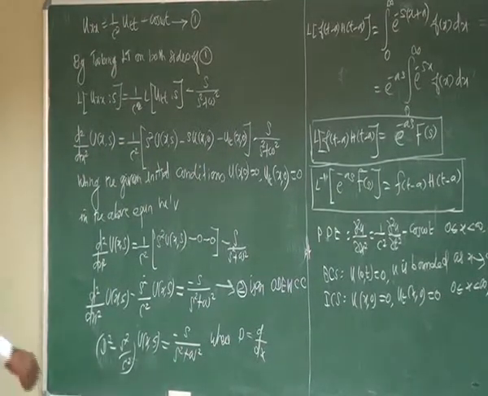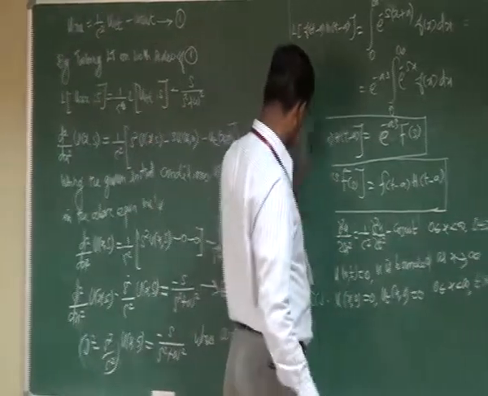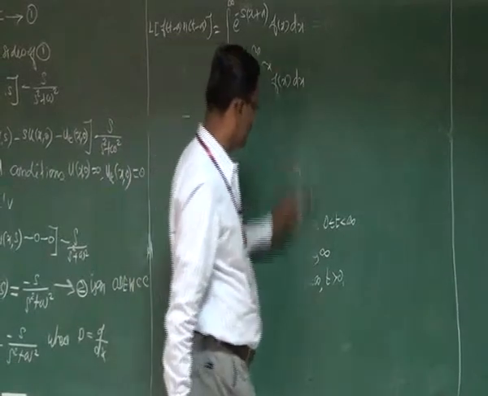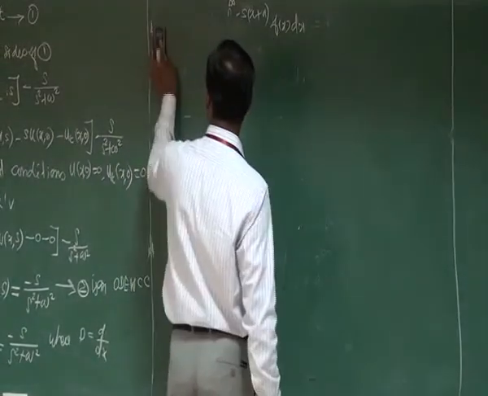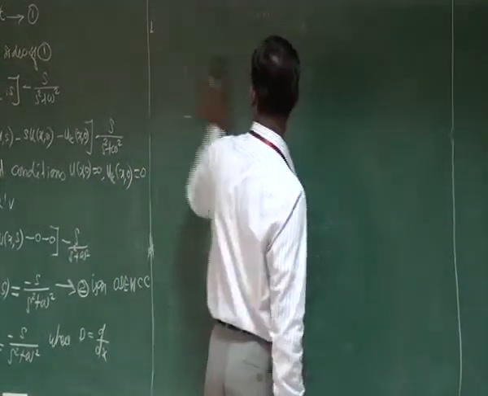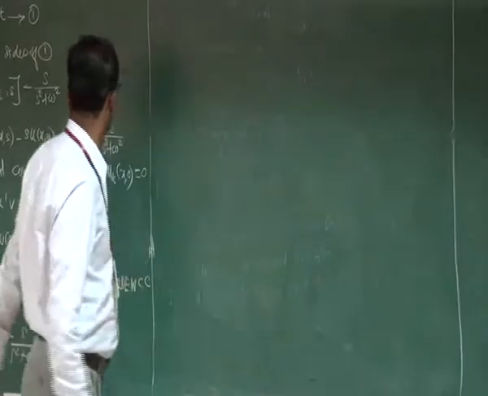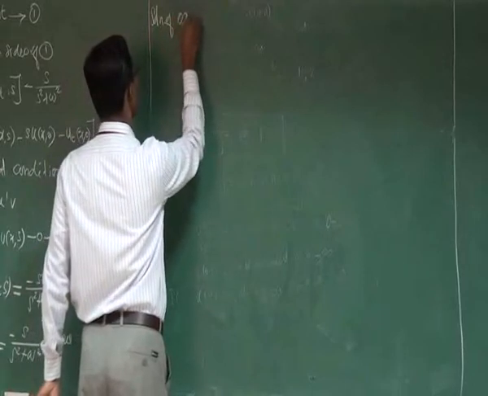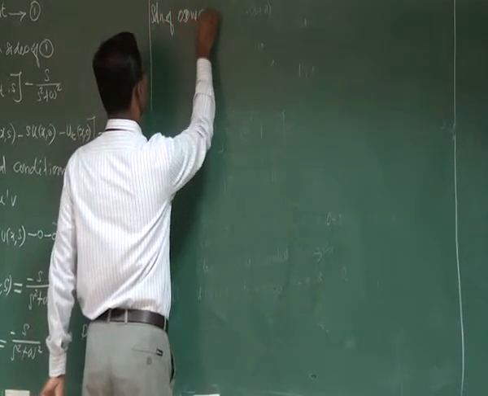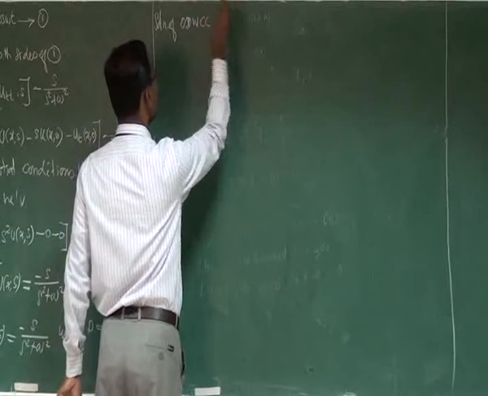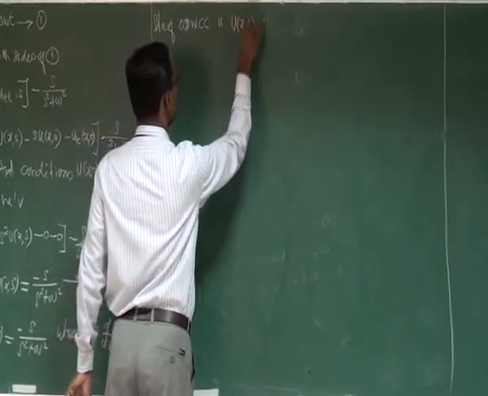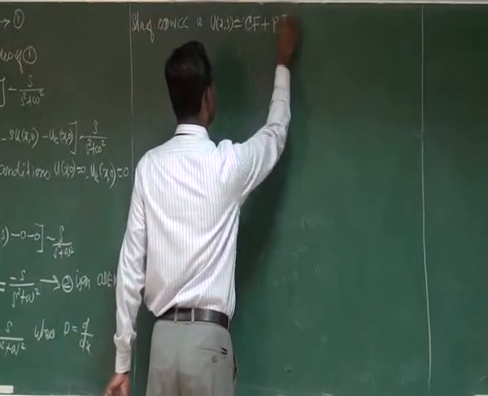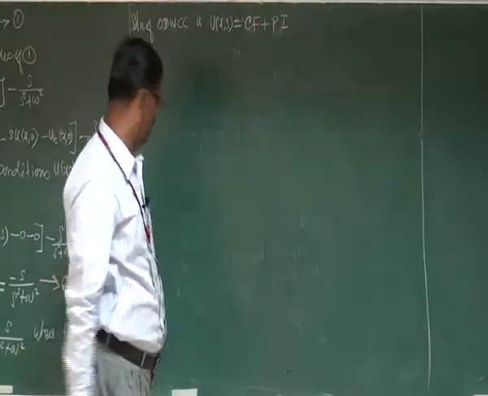Now, the solution of this ordinary differential equation consists of two parts, namely the complementary function and the particular integral. So, the solution of the ordinary differential equation with constant coefficients is u of s comma x is equal to the complementary function plus the particular integral.